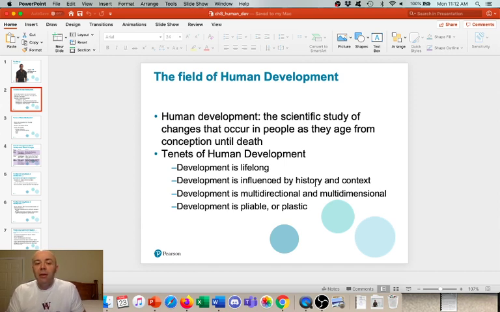I've lost. I've gained, I think, in the cognitive domain just from experience and education. So I've gone up there, but I've also lost. So it's multidirectional, multidimensional. Lastly, it's pliable or plastic. When people hear the word plastic, I think they think hard or stiff, and that's not what it means. It means that it's changing. It's elastic.